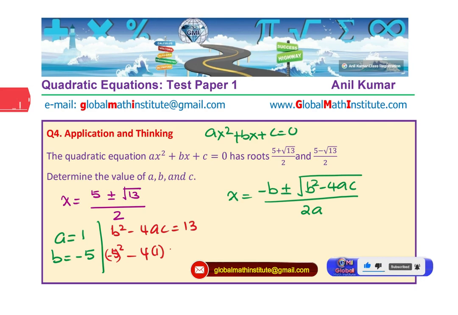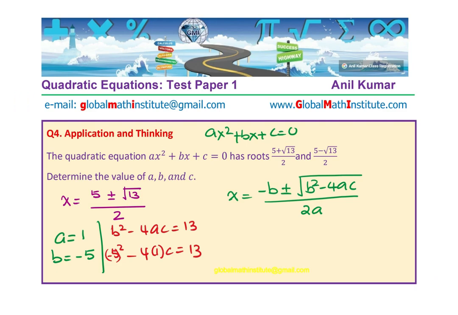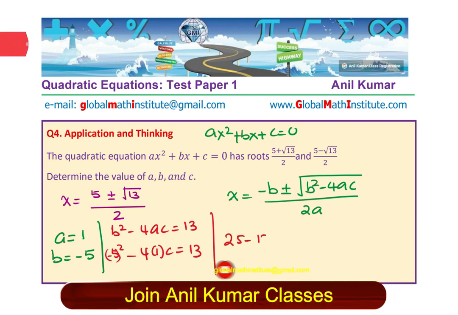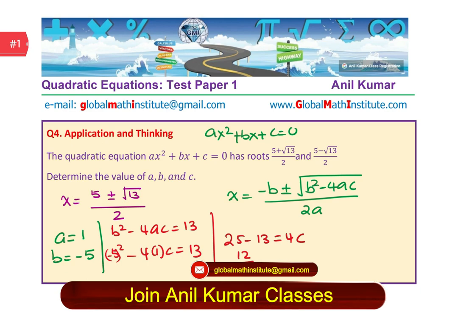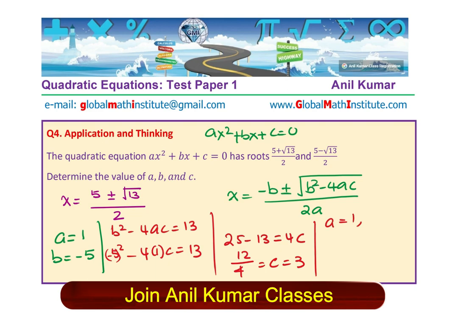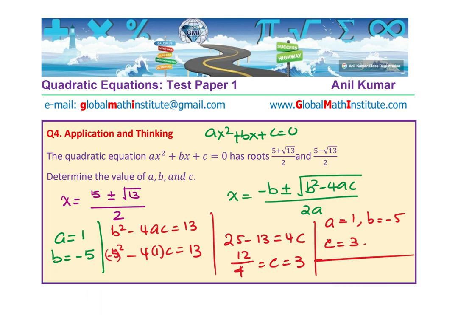Let me write 1 here. c equals 13. So we can get the value of c here. So 5 squared is 25 minus 13 is equal to 4c. And therefore, from here we get 12 over 4 as the value of c, which is 3. So we get our a, b, c values, right? So a is equal to 1, b equals minus 5, and c equals 3. Makes sense? That is how we are going to answer this particular question.